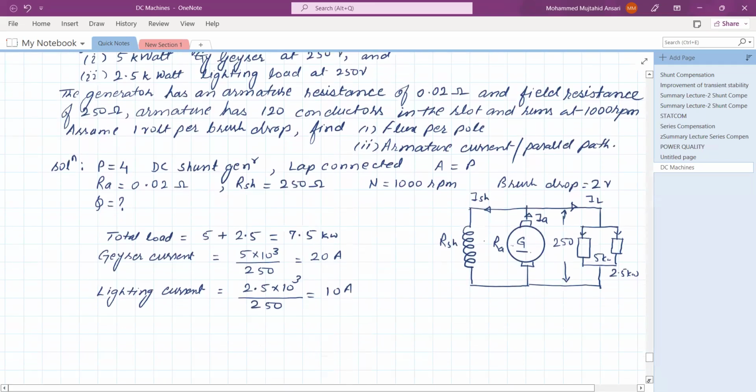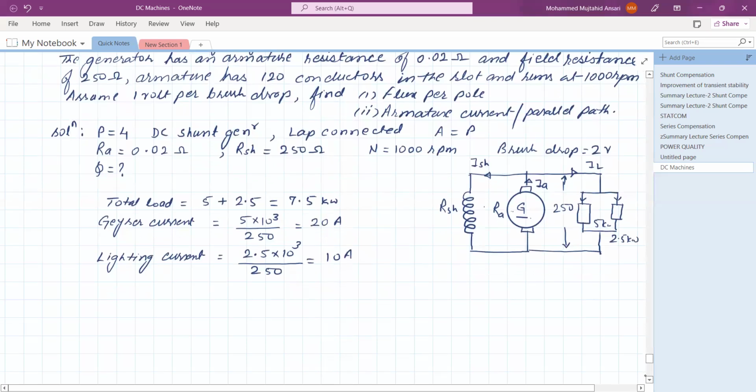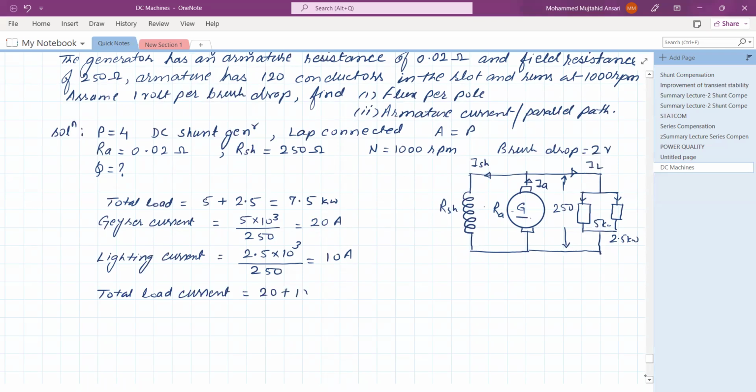So total load current equals 20 plus 10 is equal to 30 ampere. So see, in this case, it is 20 ampere, it is 10 ampere. Now here, if you apply the Kirchhoff current law, the total current will be 30 ampere, isn't it? Very simple.